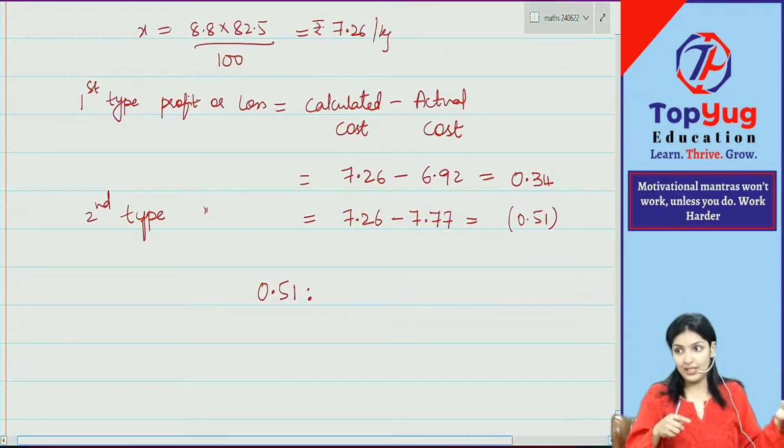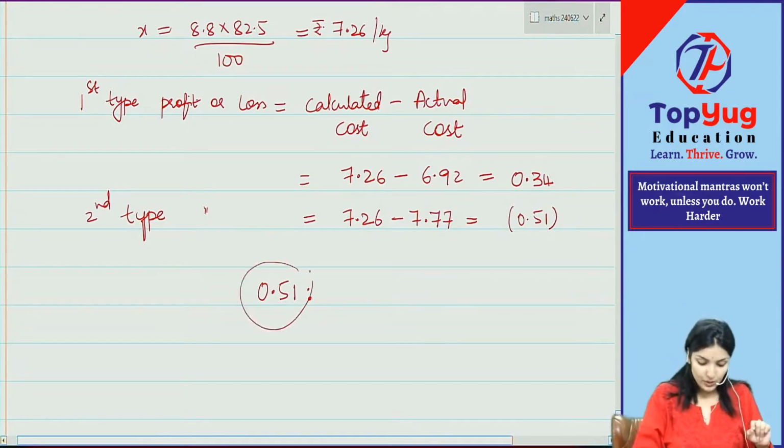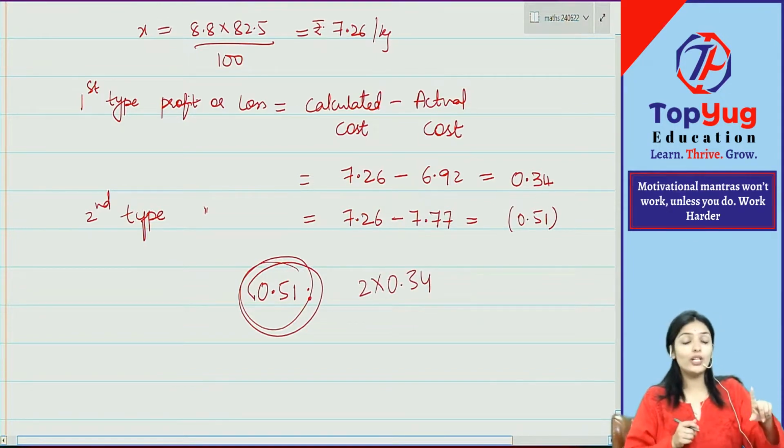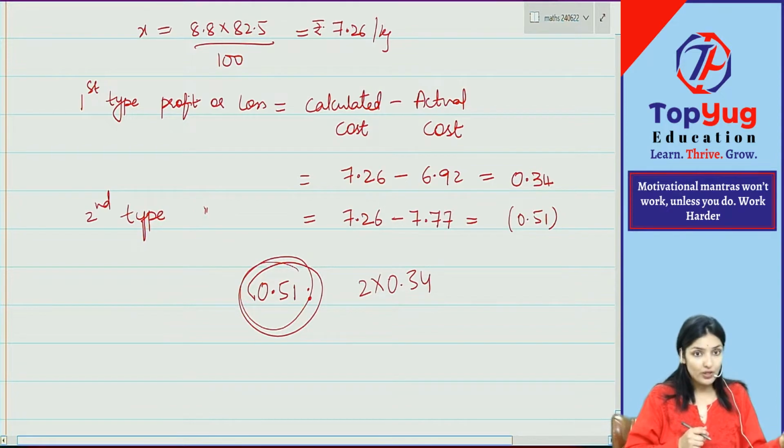Am I right? If suppose here you are bearing one loss, what you would expect to compensate this loss is that here you need to have 0.34 so that you can compensate the loss of 0.51.